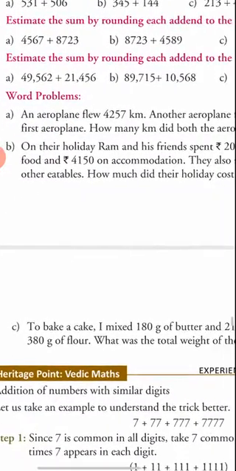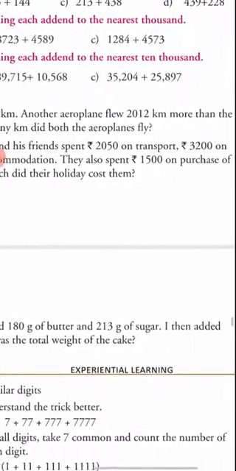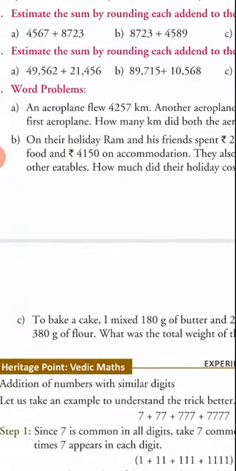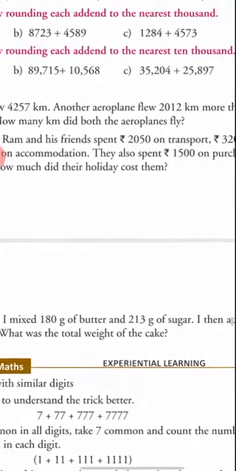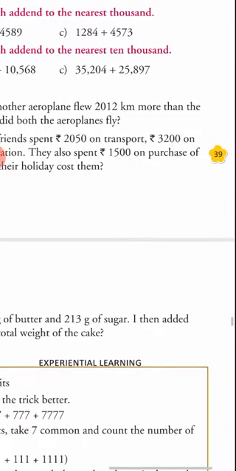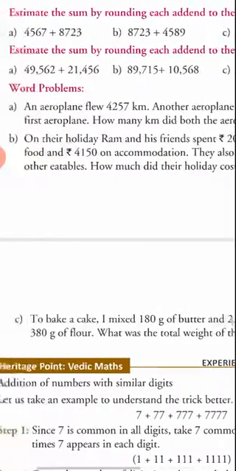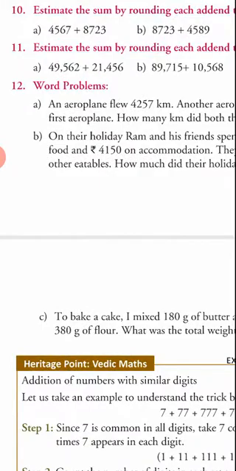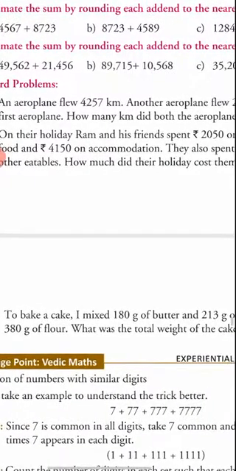So let us see our second word problem, and that is, on their holiday Ram and his friends spent rupees 2050 on transport and rupees 3200 on food, and also rupees 4150 on accommodation.